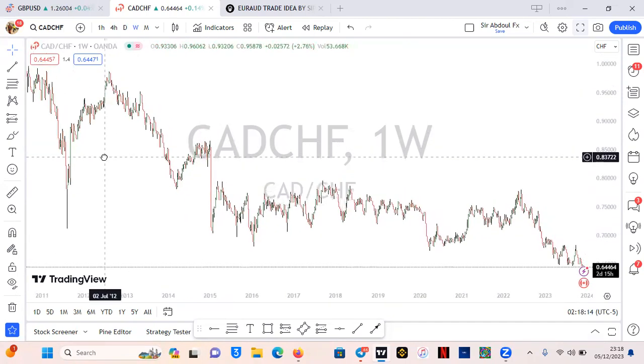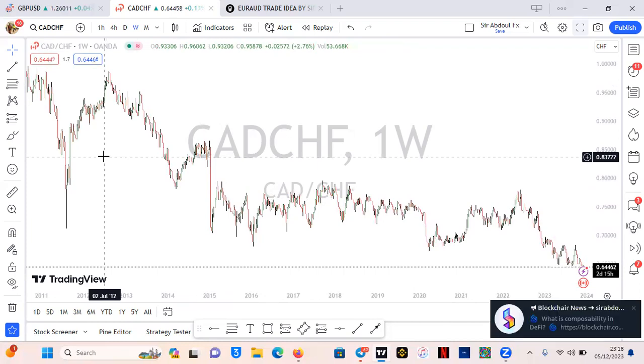So this is your weekly chart, right? Yes, this is what you use to identify your chart pattern: weekly time frame for chart pattern, and this is where you can plot your major level. How you are going to plot your major level, that's what I'm going to show you right now.